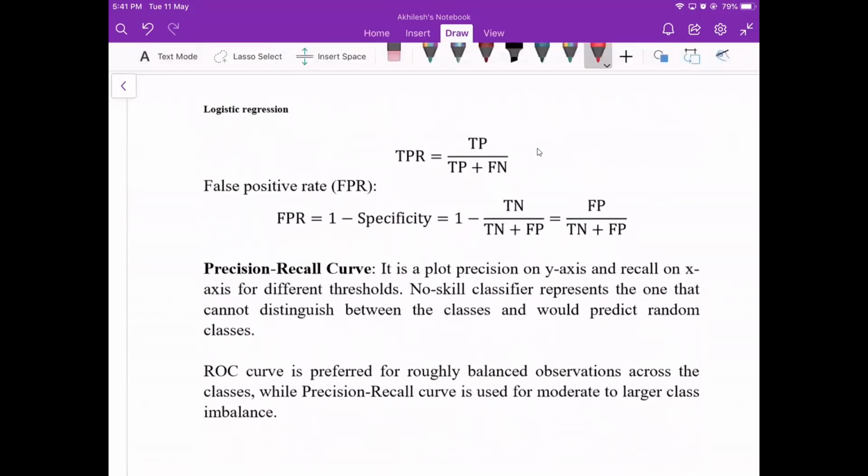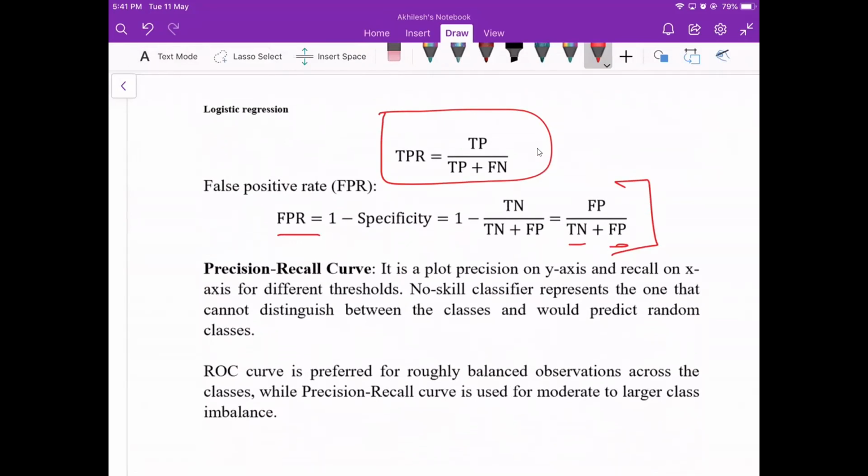True positive rate is true positive upon true positive plus false negative, and false positive rate is equal to false positive upon false positive plus true negative.